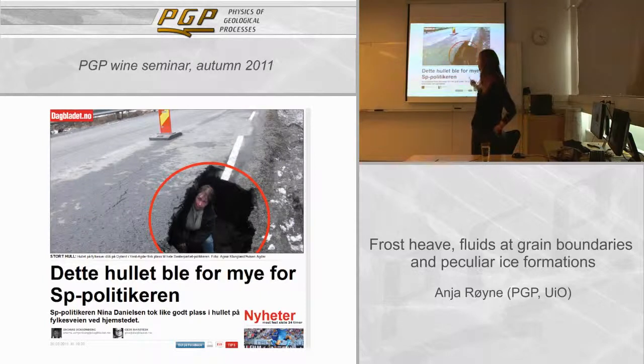And this politician from Senterpartiet, she had enough, so she decided to go into this hole just to show how bad it was. So this is also created by frost.